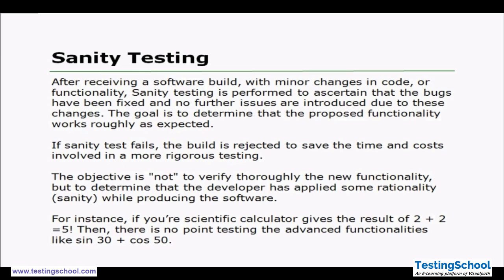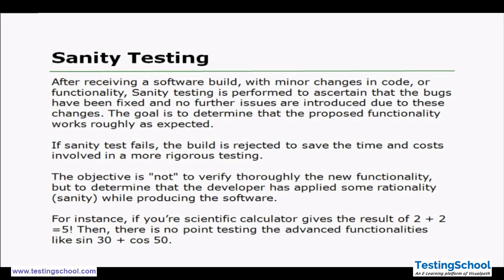Then the sanity testing. Sanity testing is done after receiving a software build. The smoke testing is done before receiving a particular build for the testing environment, only in the development environment.